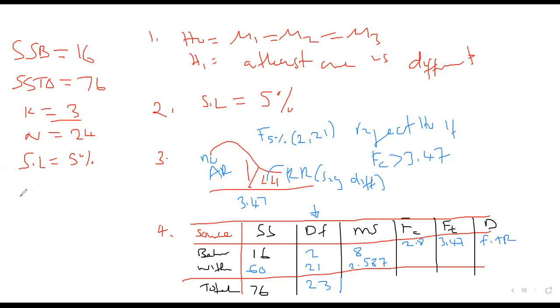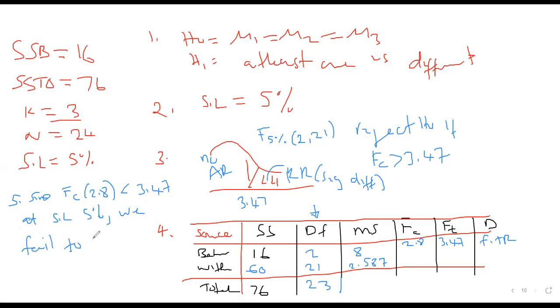So you can say step 5 now. Since F calculated, which is 2.8, is less than 3.47, at significance level 5%, we do not have sufficient evidence, or we fail to reject, in your own language.